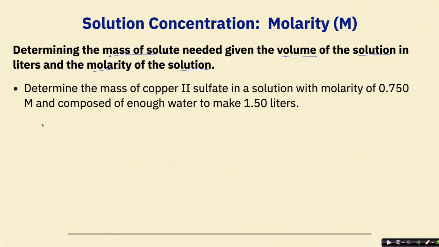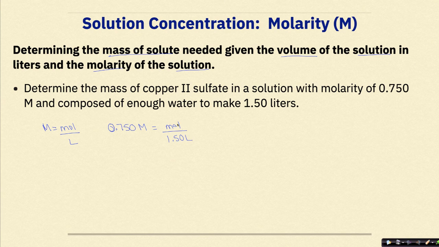Fantastic. So molarity is equal to moles over liters. We're given a molarity here of 0.75 molar, that's my sad looking 0 right there, is equal to moles, which we're going to solve here, and our liters is 1.50 liters of solution.